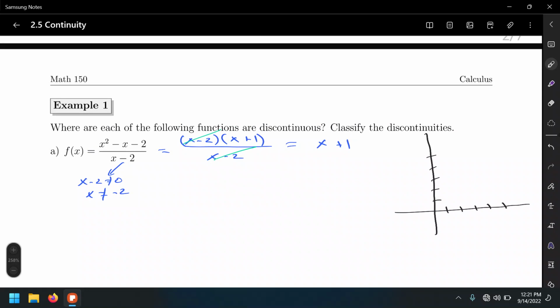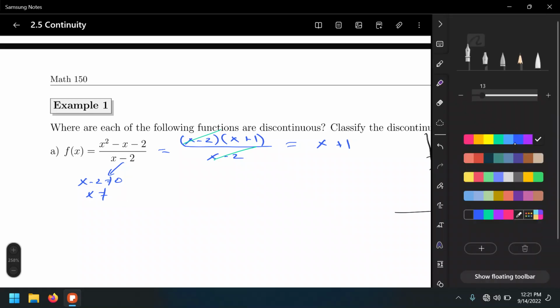Which one? The x minus 2. No, the bottom one. Oh, you mean these two, right? Yes, so x cannot be 2. Thank you.